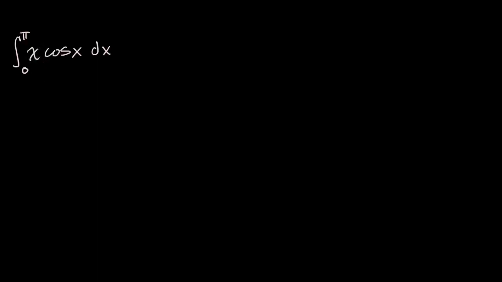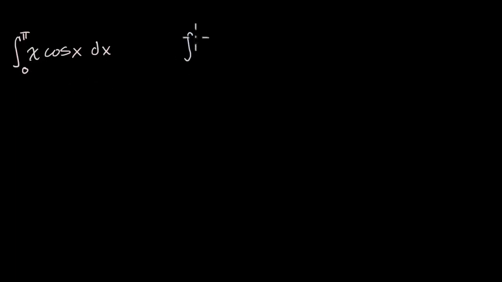So let's just remind ourselves about integration by parts. If I have the integral, and I'll just write this as an indefinite integral, but here we want to take the indefinite integral and then evaluate it at pi and evaluate it at 0.